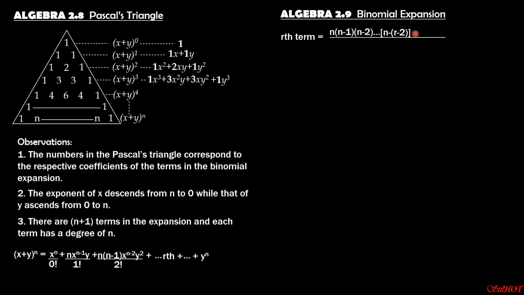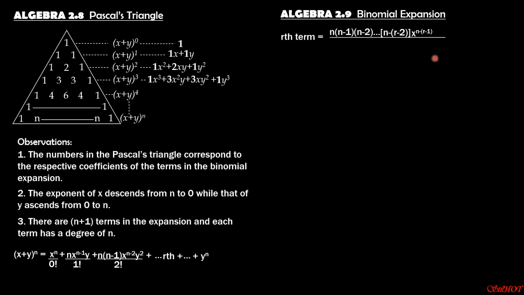Then x raised to the exponent of x, in the first term, is n minus 2. With respect to its position, it should be n minus quantity 3 minus 1. So that 3 minus 1 is 2. So that's n minus quantity 3 minus 1, right? So therefore, this one, x raised to n minus quantity r minus 1 also.